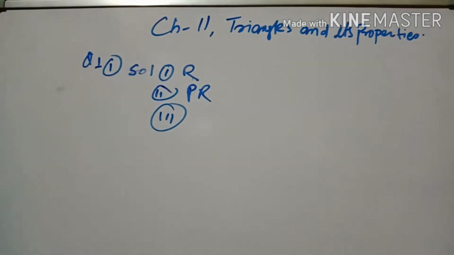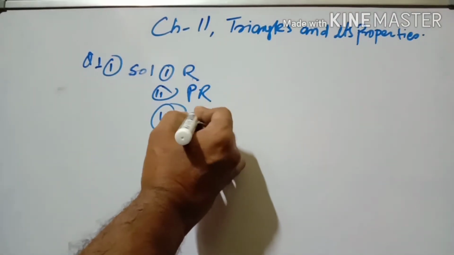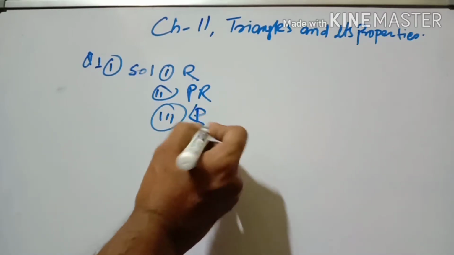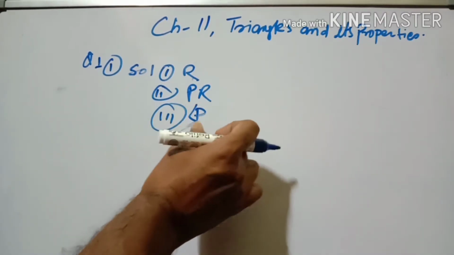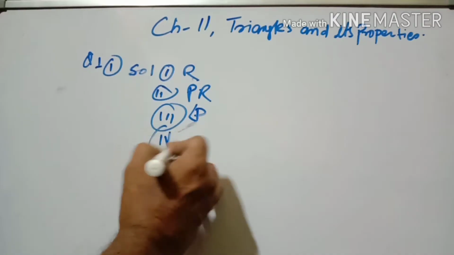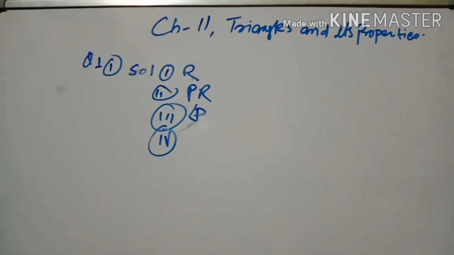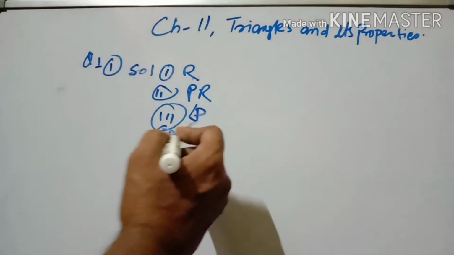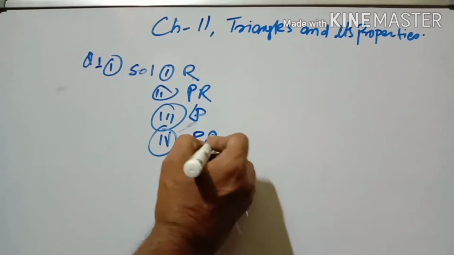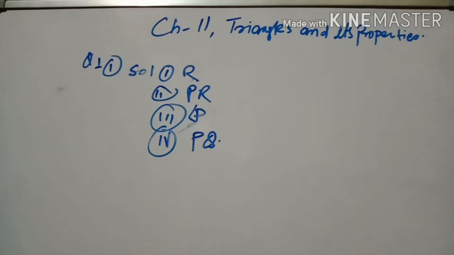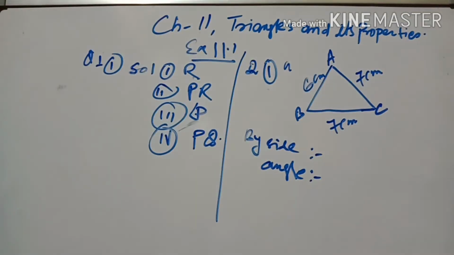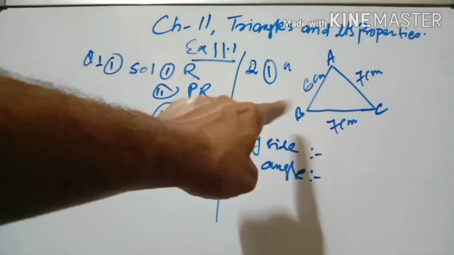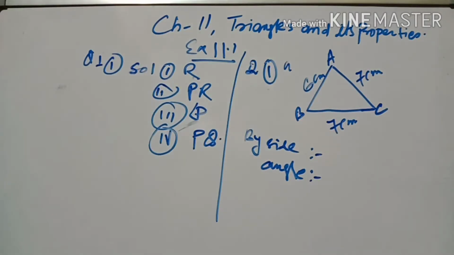Number 3, name the angle opposite to QR. That is angle P. Number 4, name the side opposite to angle R. It will be PQ. Write down please.